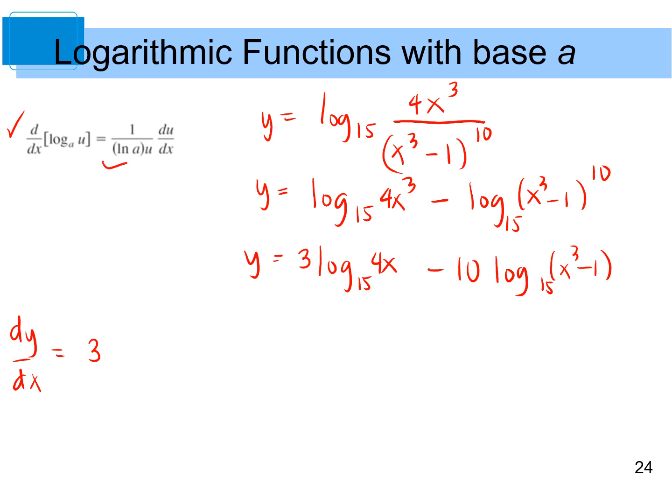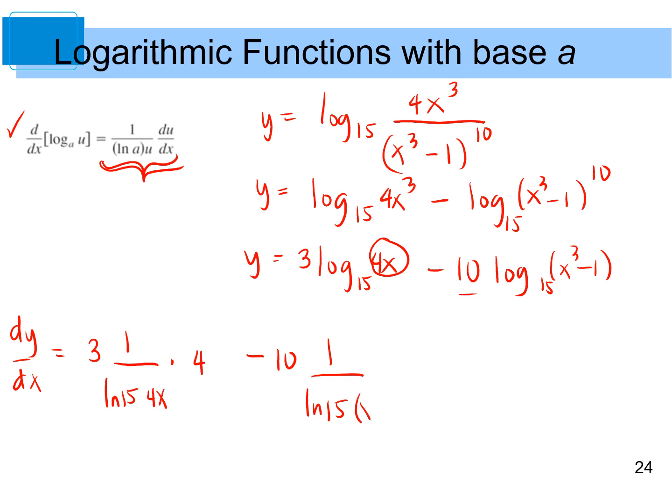Using this definition for the derivative of a general logarithmic function, you have 1 over ln of 15, and then we copy u, which is 4x, times the derivative of 4x, which is 4, minus, for the next term, we just copy 10. For the log of x cubed minus 1 base 15, the derivative is 1 over, again using this definition, ln of 15. We copy u, which is x cubed minus 1, and then we multiply this with the derivative of u, which is now 3x squared.